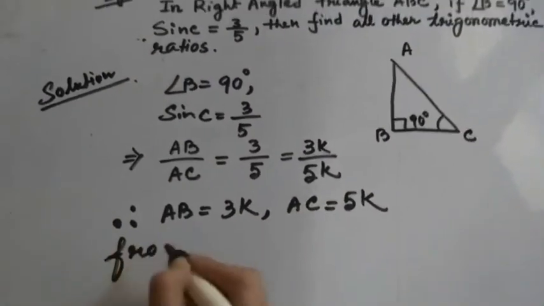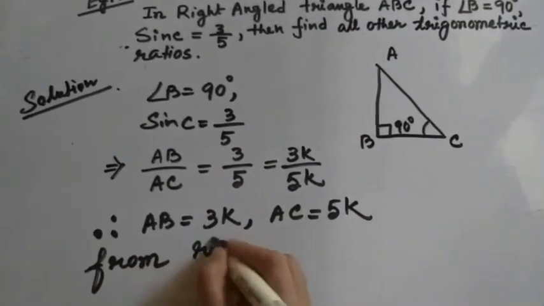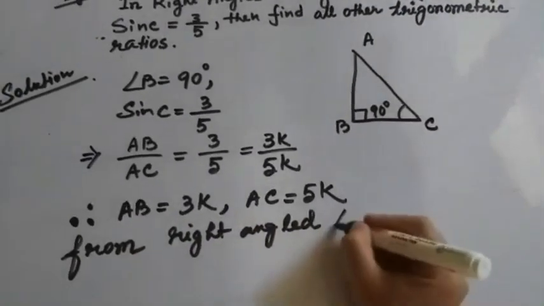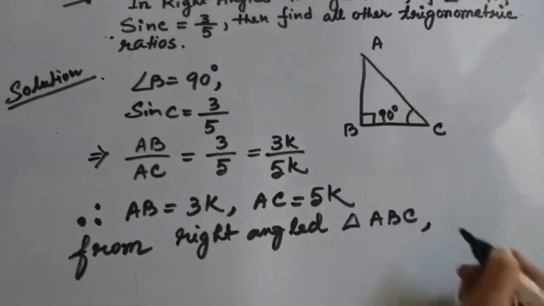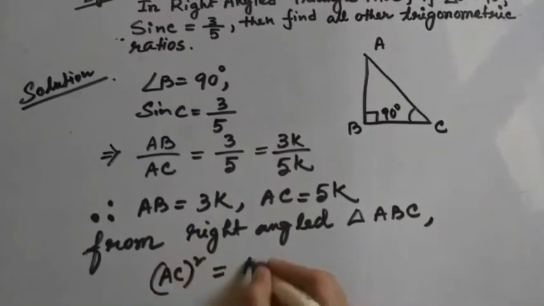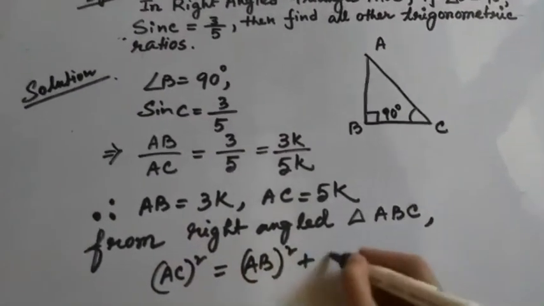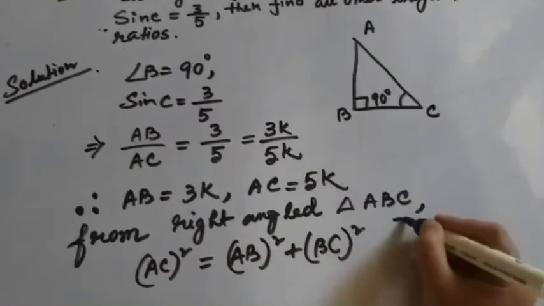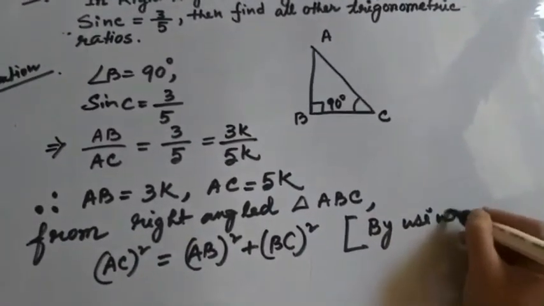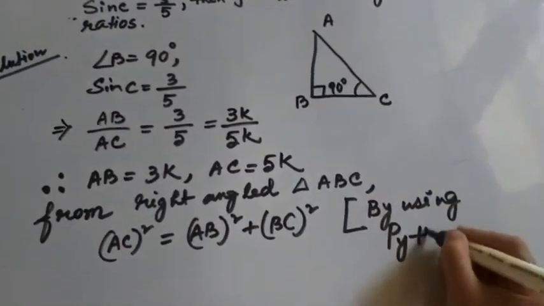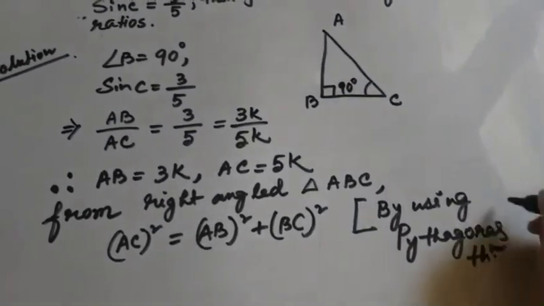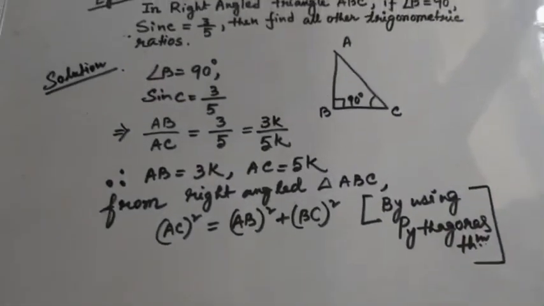Now, from right angle triangle ABC, we can say that AC square equals AB square plus BC square by using Pythagoras theorem. Right?